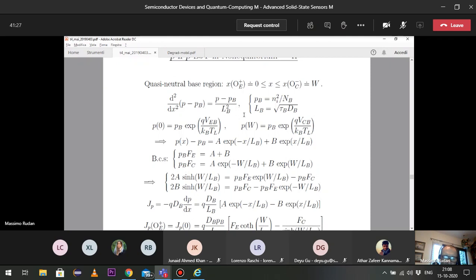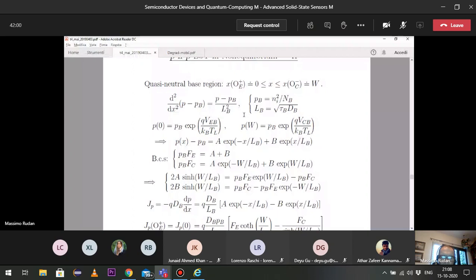So it is A plus B. Then we have a second relation found by letting x equal to W. So in this case, the left-hand side of the solution becomes Pb times f sub c. And the right-hand side becomes A times the exponential of minus W over LB plus B exponential of W over LB.